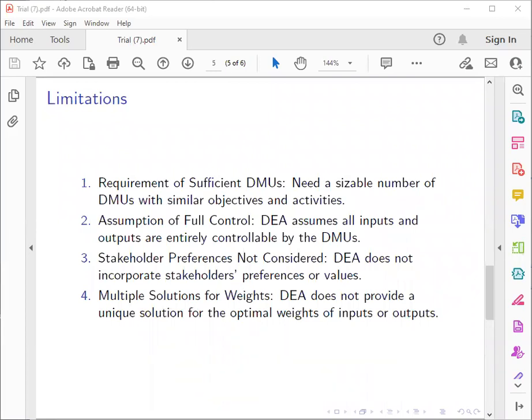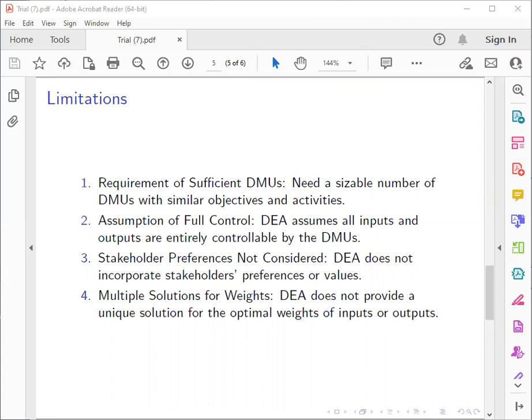DEA requires a sizable number of decision-making units with similar objectives and activities to ensure reliable and meaningful comparisons. If there are not enough DMUs available for the analysis, the results, of course, will be biased or even inaccurate. The next thing is we need to understand that we are under assumptions of full control.